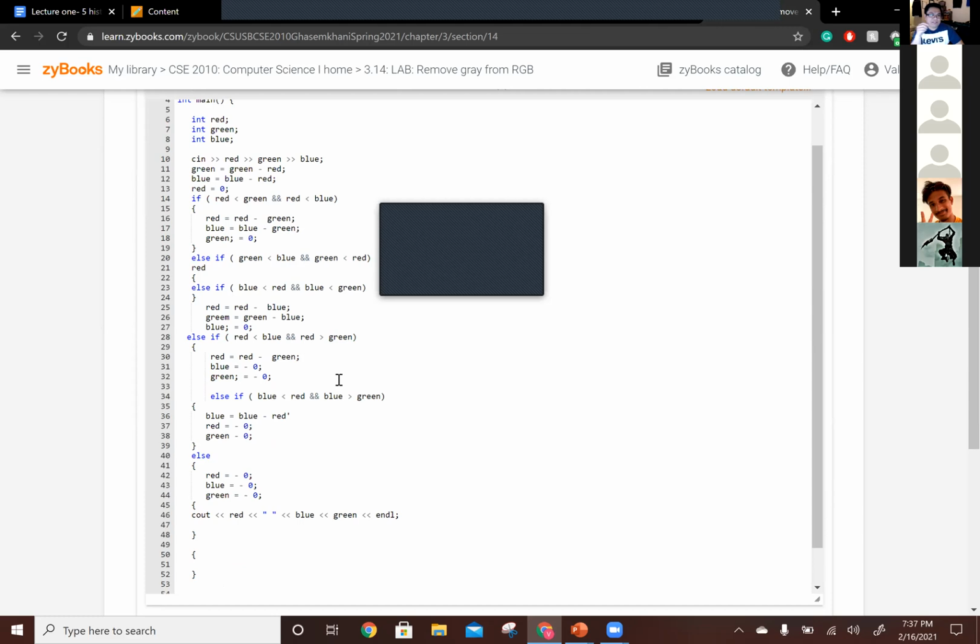Where? Lines 11 through 13. I think I was trying to do it while you were doing it. I got confused because there's a lot of code here. So should I delete it? Yeah, delete lines 11 through 13. Okay.